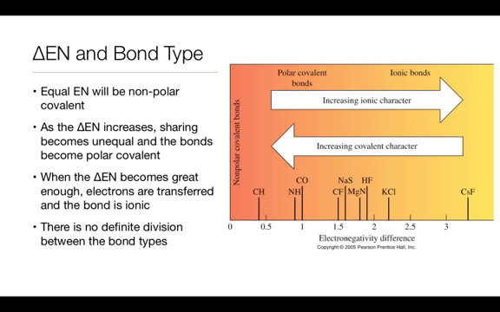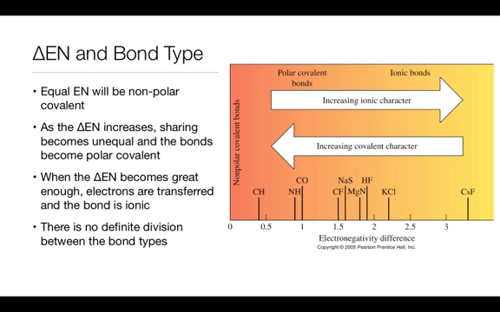Primarily, if you have a nonmetal reacting with a nonmetal, it's going to form a covalent compound. If you have a metal reacting with a nonmetal, there's a pretty good chance that you are going to have an ionic bond. There is no distinction between where ionic bonding and electronegativity differences start and where they end.